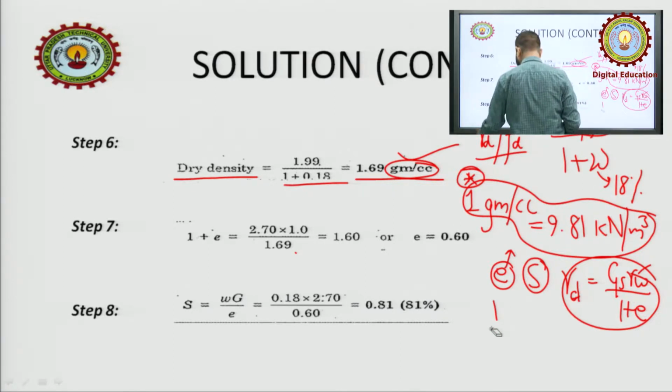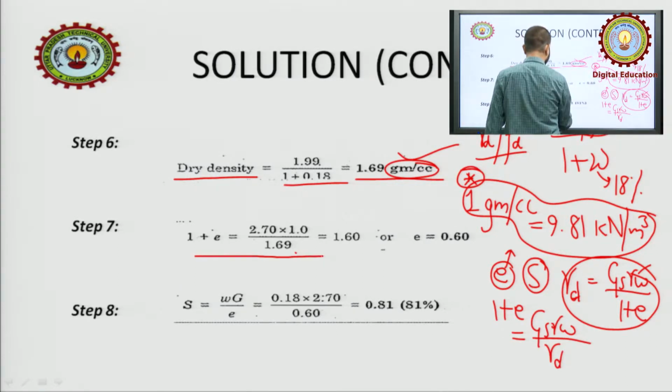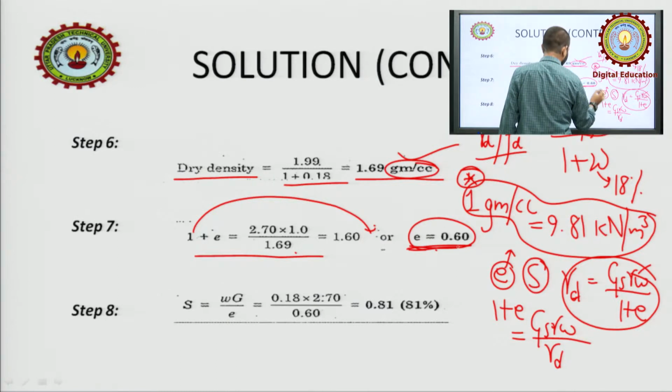So 1 plus e is equal to Gs gamma w upon gamma d. The same is used here. Finally we get this one. After subtracting 1, we get e equal to this.